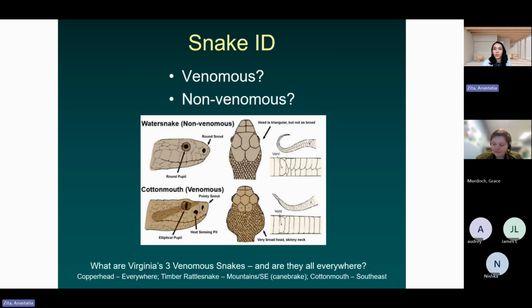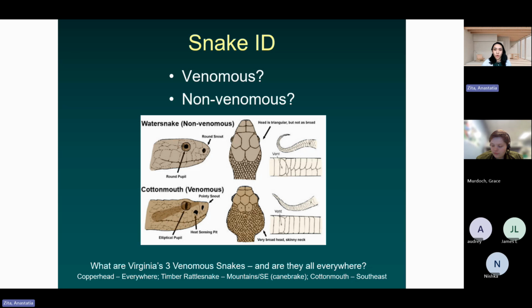When looking at their snout, you could see the heat sensing pits, and those are special organs that some vipers and pit vipers have, which help them detect prey and predators using infrared radiation. These pits are located on either side of the snake's face, between their nostril and their eye, and they're essentially small heat sensing holes that can detect temperature changes in their surroundings.